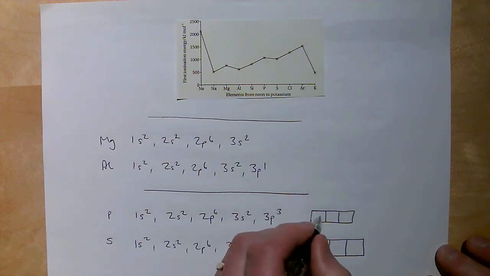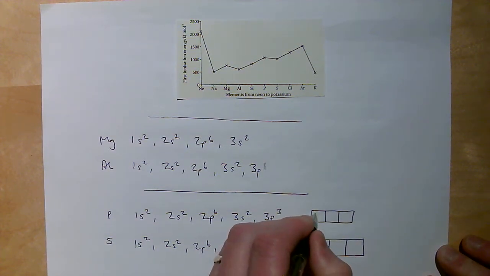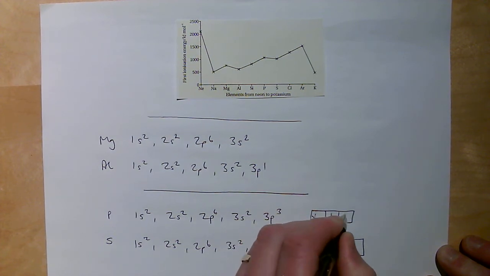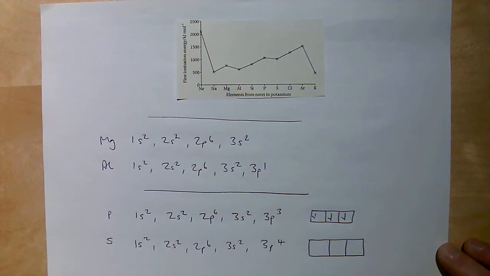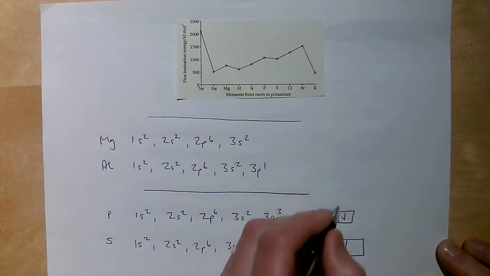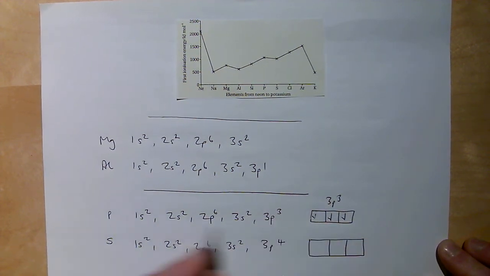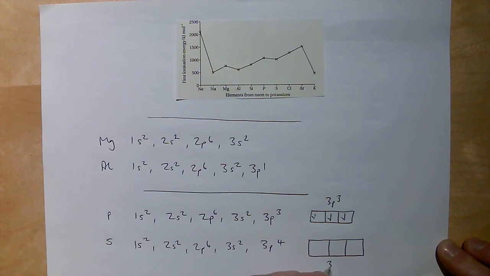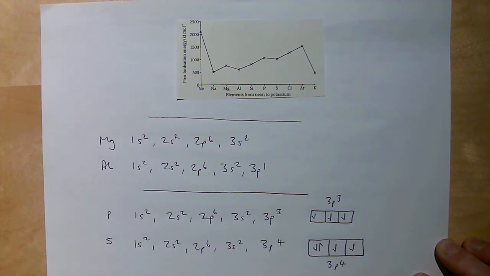These are my 3p subshells, and I've got 3 electrons, 1, 2, 3. In sulfur, my electron arrangement is 1s2, 2s2, 2p6, 3s2, 3p4. So that's my 3p3 in the phosphorus, and this one here is my 3p4 in the sulfur. So 1, 2, 3, and then the fourth electron pairs up like this.